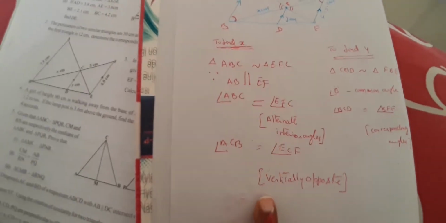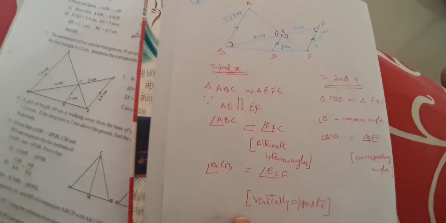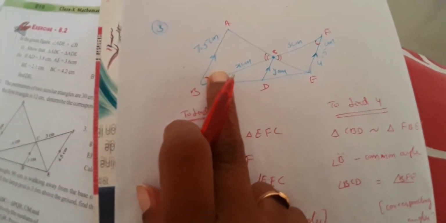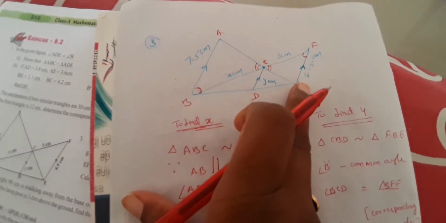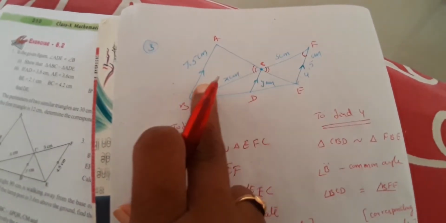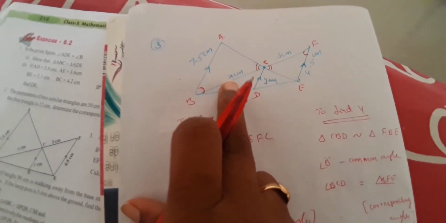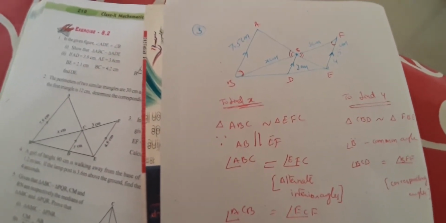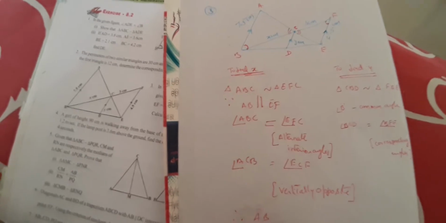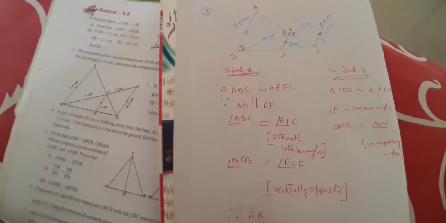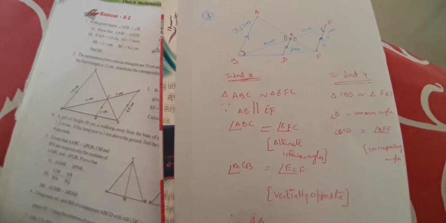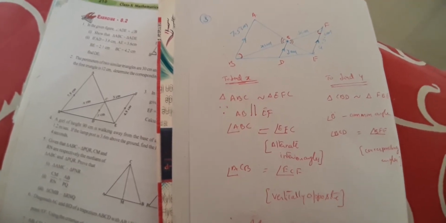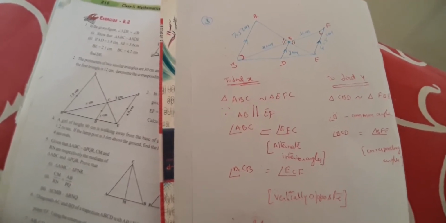So now I am leaving this here. It's your job. So corresponding sides ratio must be same. So 7.5 by 4.5. This side corresponds to this side. Already 3 is given to you. So therefore AB by EF is equal to FC by BC.